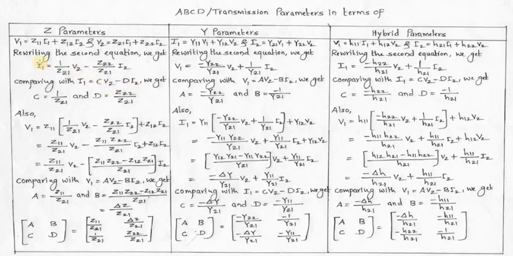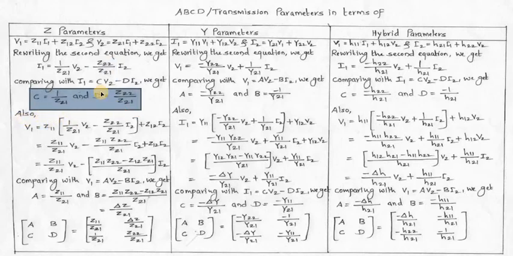So if we compare these two expressions, what we get is C is equal to 1 by Z21 and D is equal to Z22 by Z21. So ultimately I have written the same thing over here.